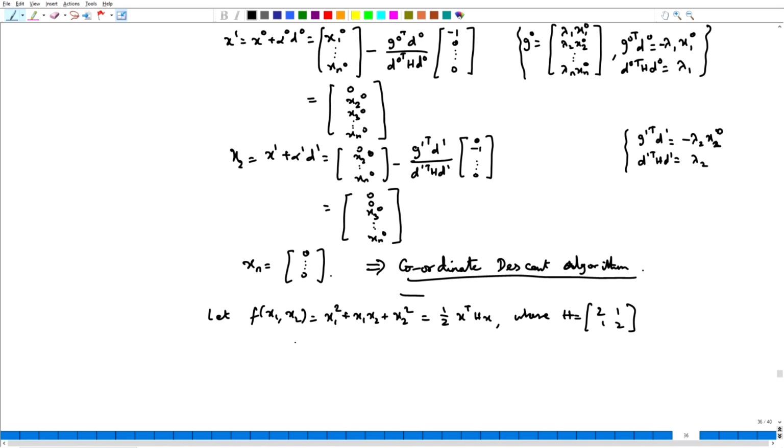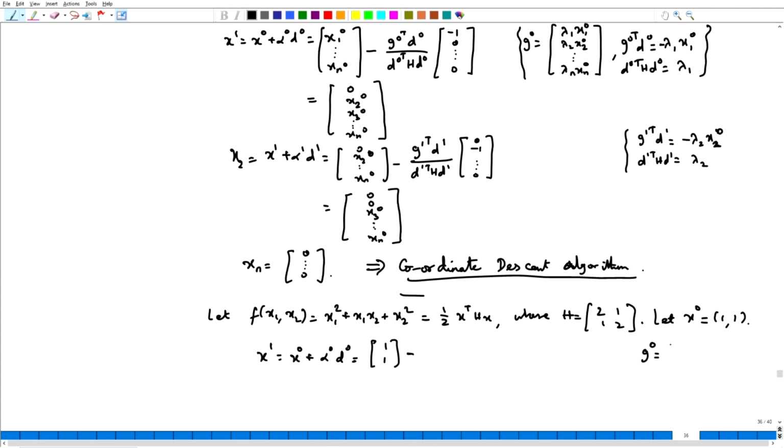So, let us pick x naught equal to 1 comma 1, okay. So, x1 is x naught plus alpha naught d naught. So, you have 1 comma 1 minus, the same thing, g naught transpose d naught and all that, but d naught is minus 1 comma 0. But g naught is slightly different, it is Hx.